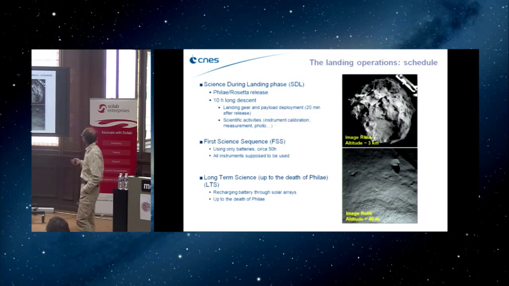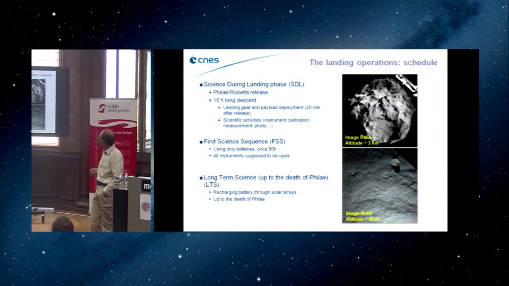All the landing gear was deployed about 20 minutes after separation, and there were several instruments that were activated, like some cameras that took pictures. Here it's a ROLIS camera that took a picture at an altitude of 3 kilometers, and here you have another picture from ROLIS at an altitude of 40 meters.